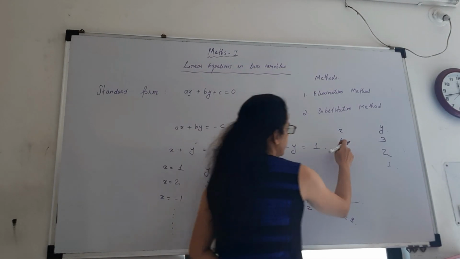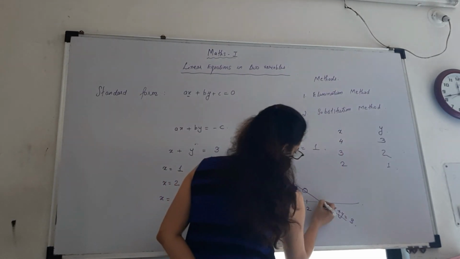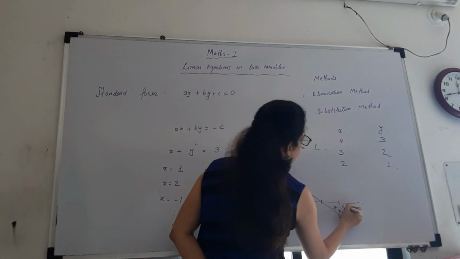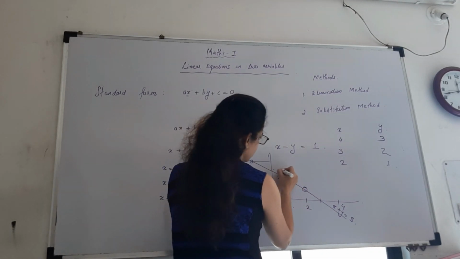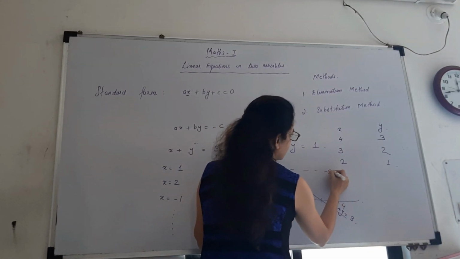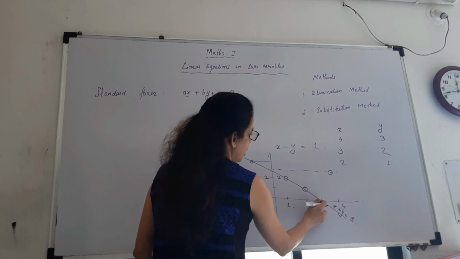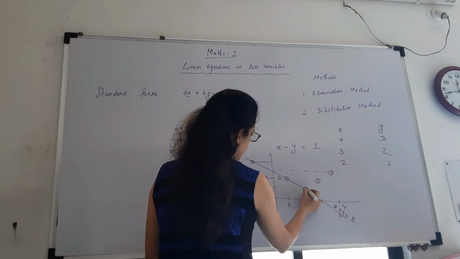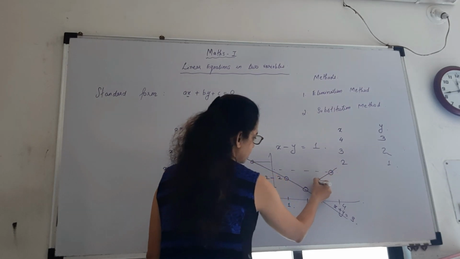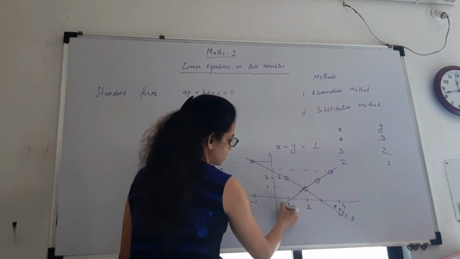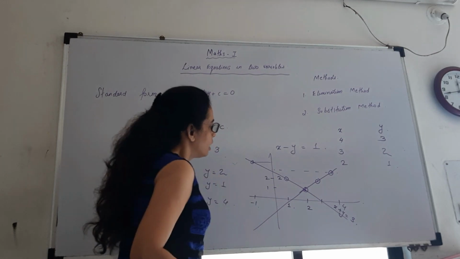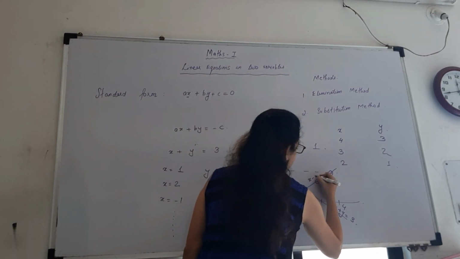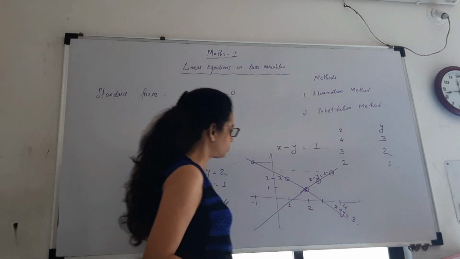When x is 4, y is 3. x is 3, y is 2. x is 2, y is 1. So it is going to go through these points. Now this is the equation x minus y is equal to 1.